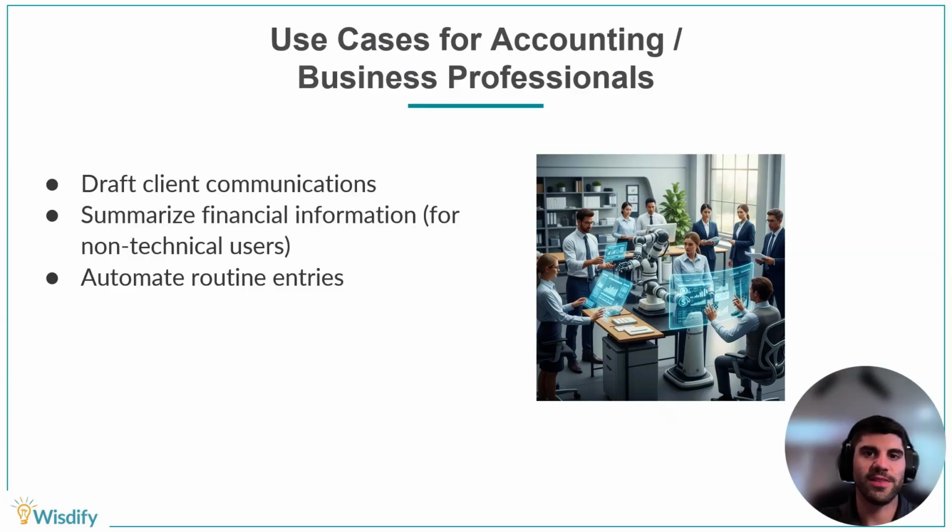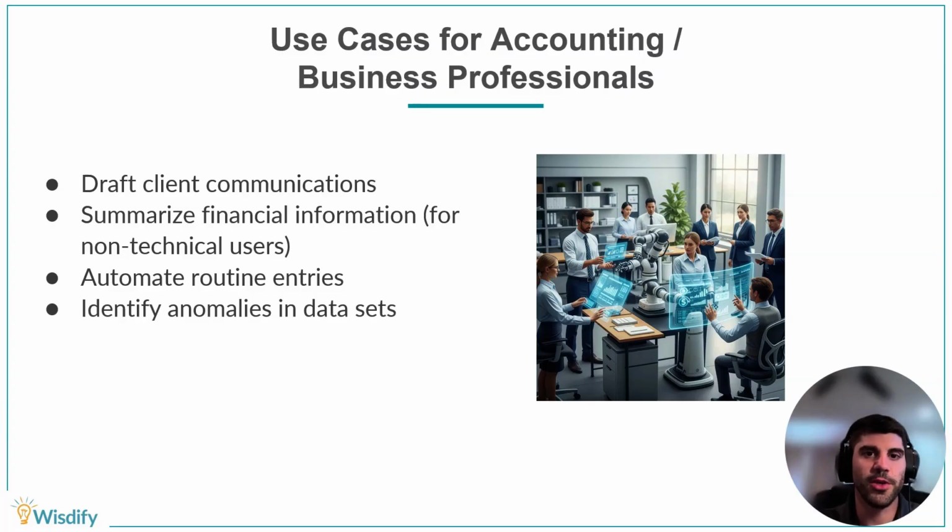Using AI here definitely doesn't eliminate the need for human oversight, and any human who's leveraging AI here is probably still going to be held responsible for that work. But having AI here can at least speed up some of the grunt work and also reduce some of those manual errors.